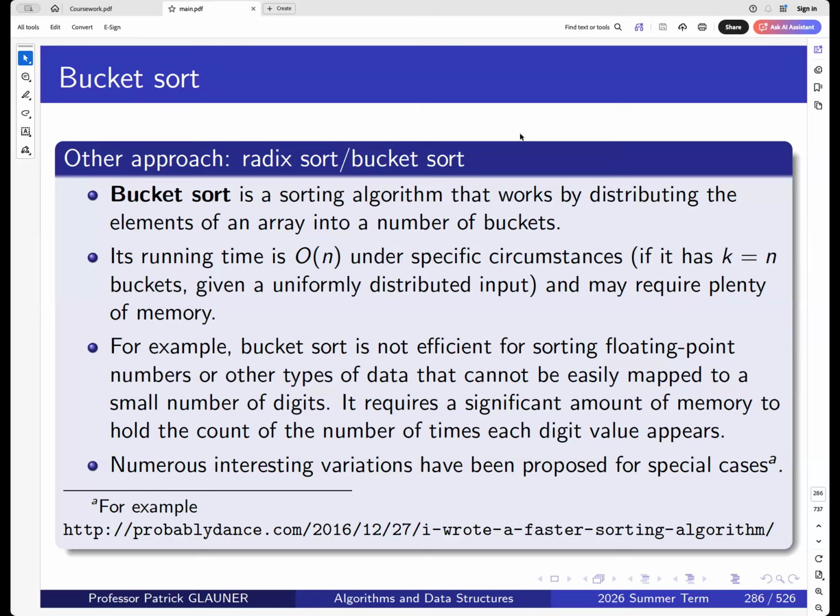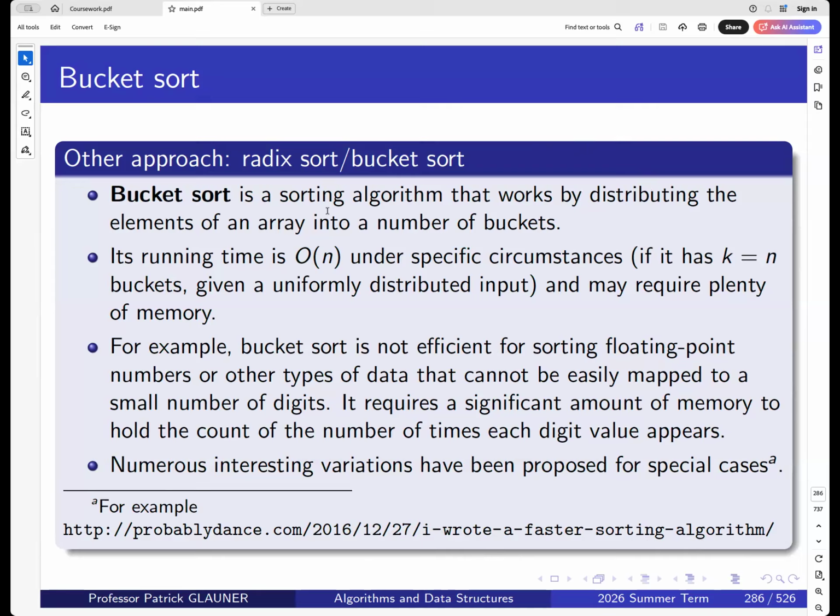So probably applications to real world problems are rare. They may exist though. I found a very interesting blog post from some 10 years ago where someone claims he wrote a faster sorting algorithm. He didn't really write a faster sorting algorithm in general, but rather under some certain assumptions that he made.